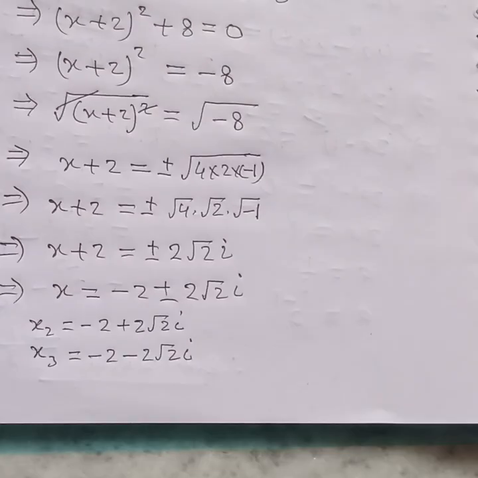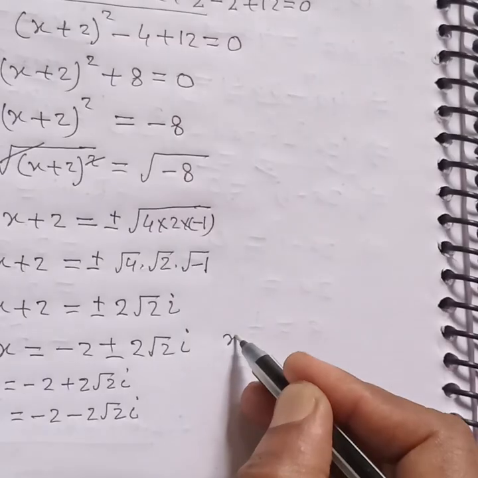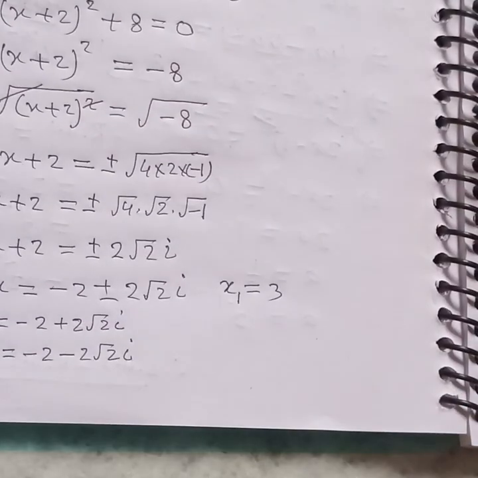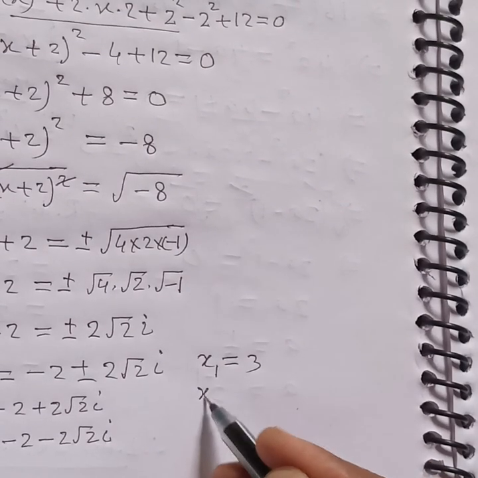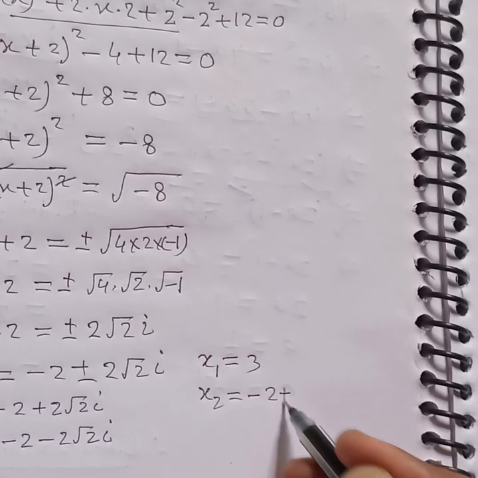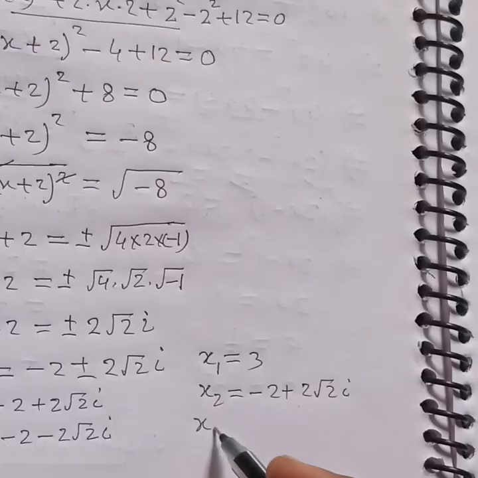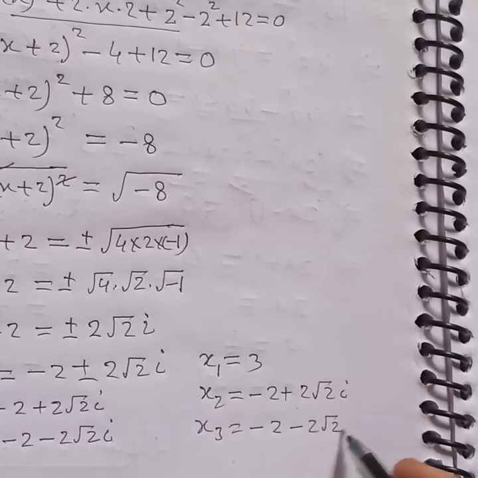Therefore, our roots are: x1 is equal to 3, which we already have from this equation, a real root. x2 is equal to, this is an imaginary root, minus 2 plus 2 root 2i, and x3 is equal to minus 2 minus 2 root 2i.